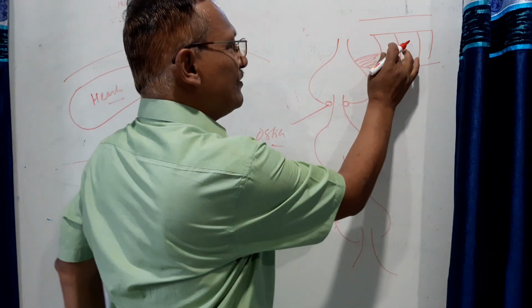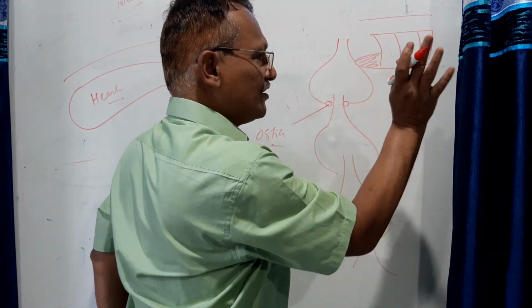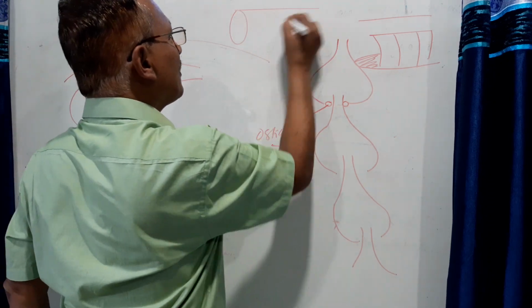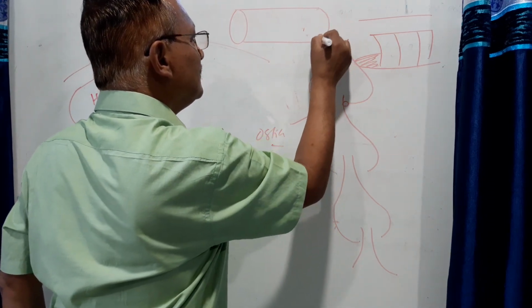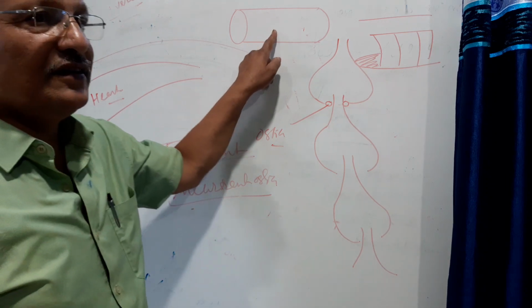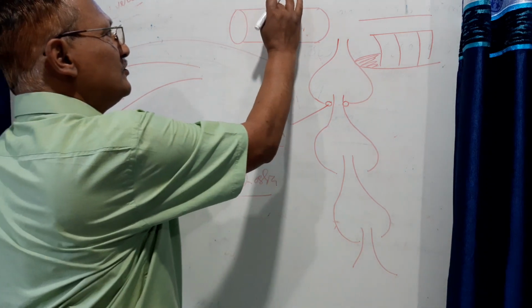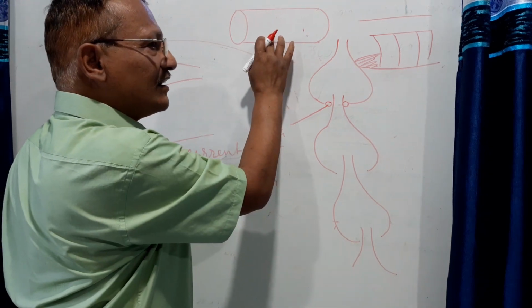Suppose this is a segment of the heart. It is dorsal side, it is ventral side, it is lateral side.